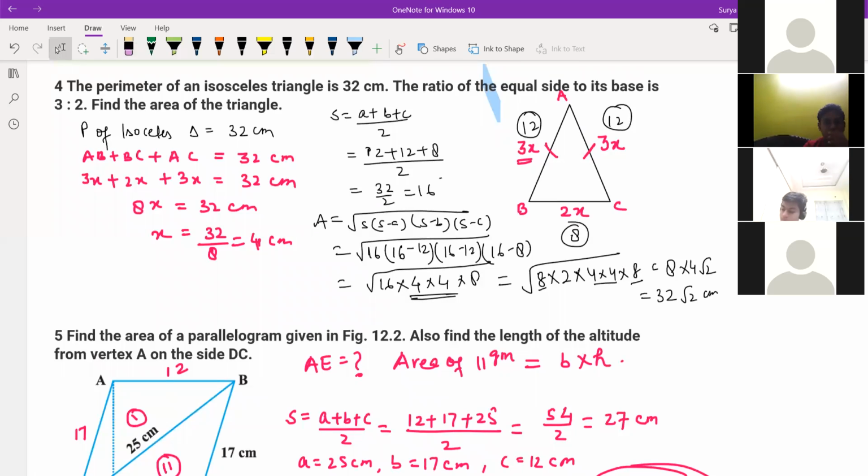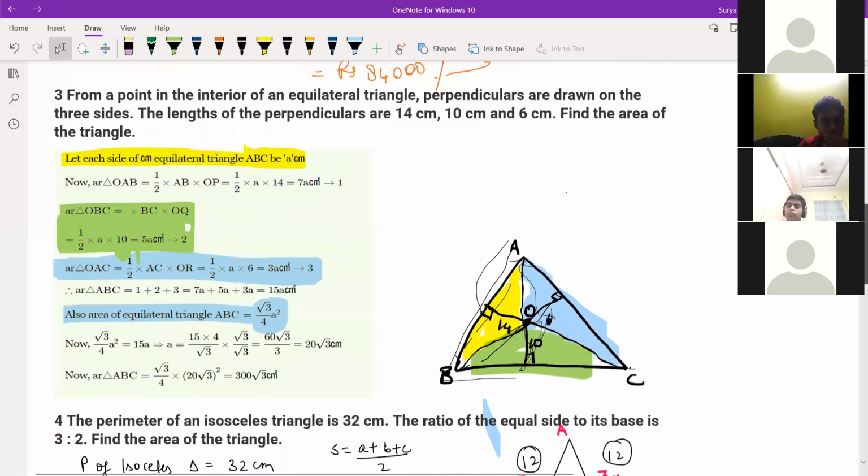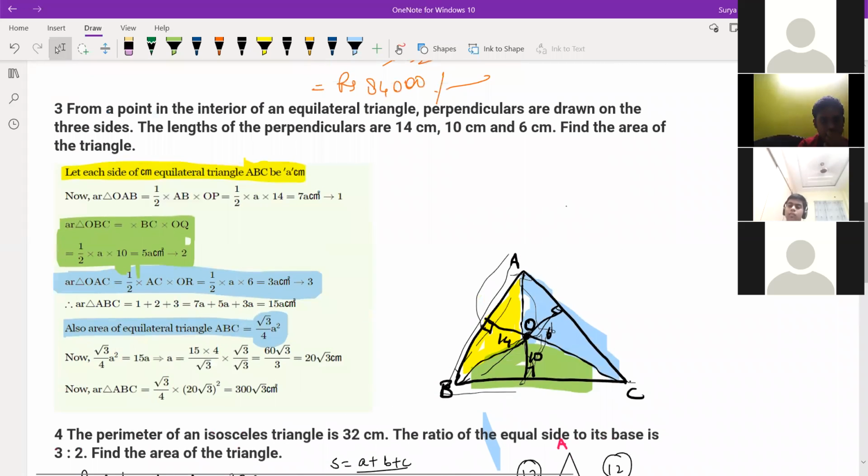This one is a very easy question, nothing to do in this, right? This is damn easy, no? All of you just see the question and tell me the answer, direct answers. Find the area of the triangle.